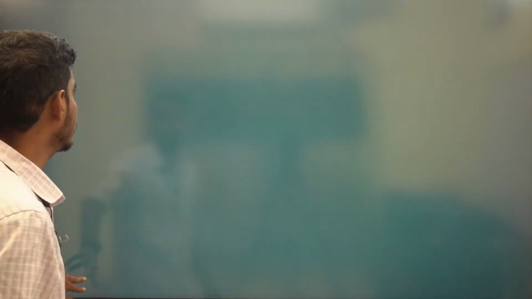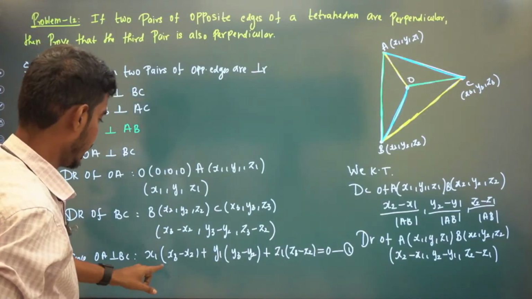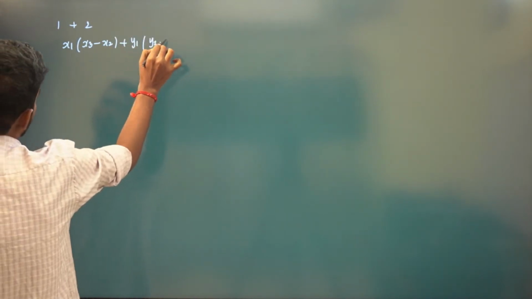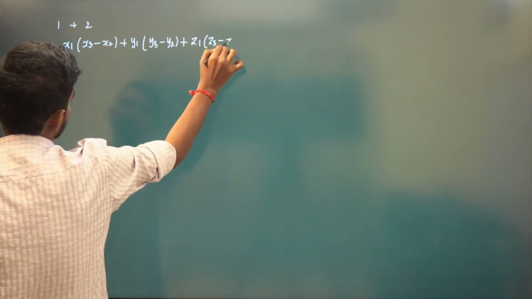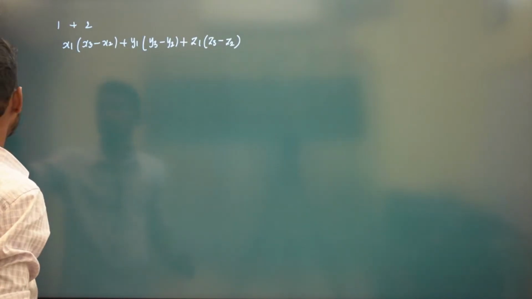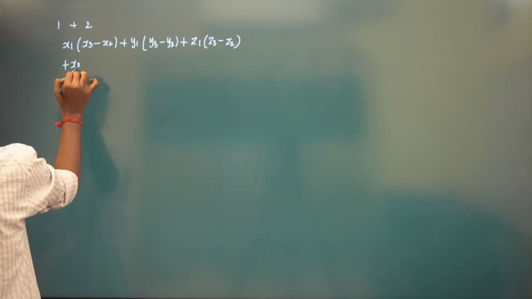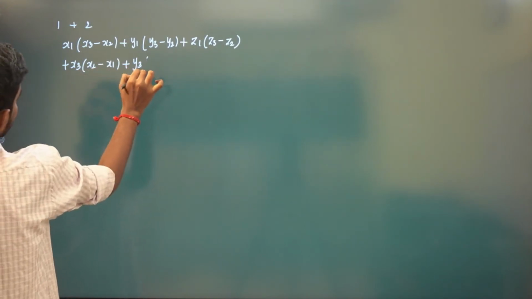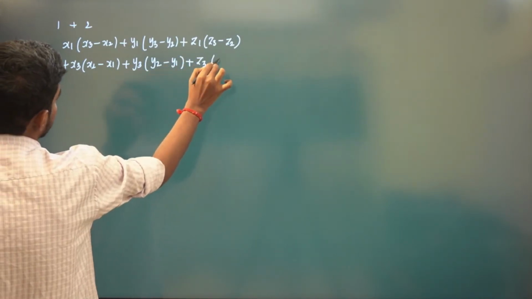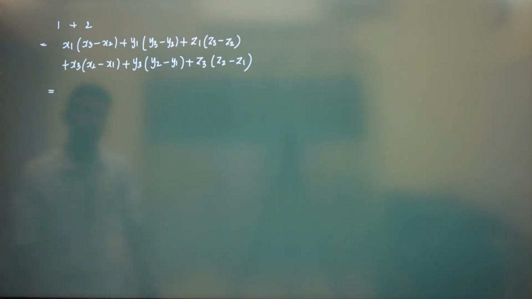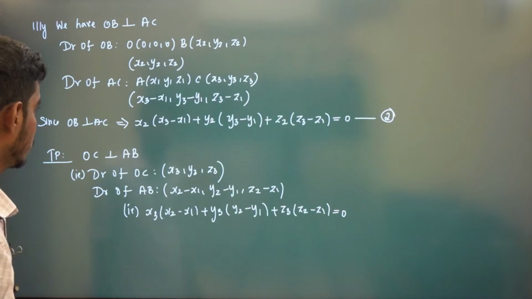So 1 plus 2: what is 1? x1 (x3 minus x2) plus y1 (y3 minus y2) plus z1 (z3 minus z2), plus 2, which is x2 (x3 minus x1) plus y2 (y3 minus y1) plus z2 (z3 minus z1), equal to 0.